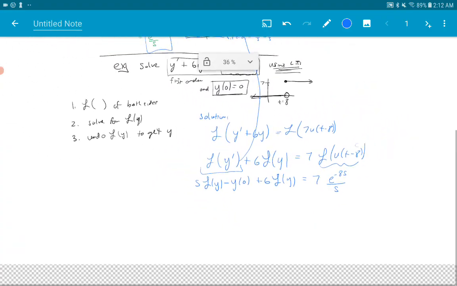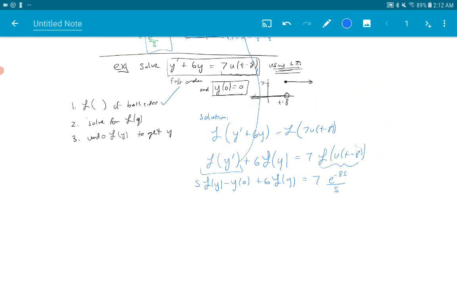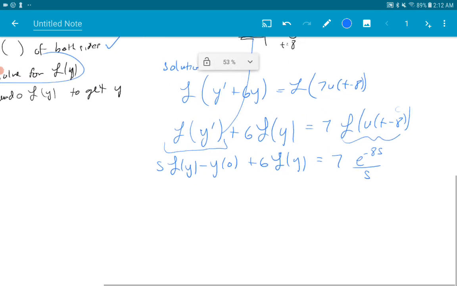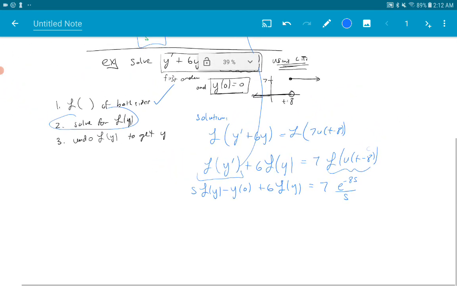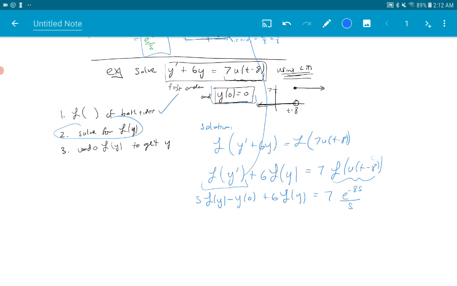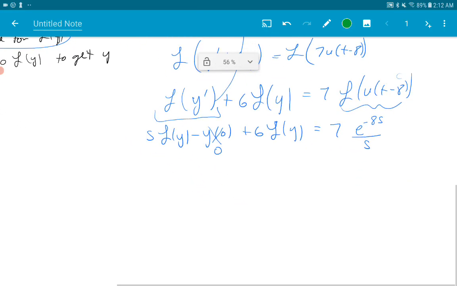All right, so that's step 1. Now we have to solve for L of y. It shouldn't be too bad. Oh, by the way, I should substitute my initial condition. Sorry for all the zooming. This initial condition is just 0, so this whole thing becomes 0. It could be different if it was a different value, a different example. So I don't need to add that to the other side.